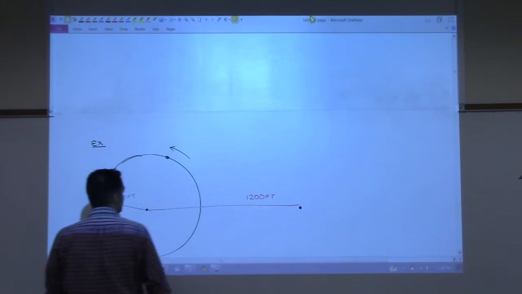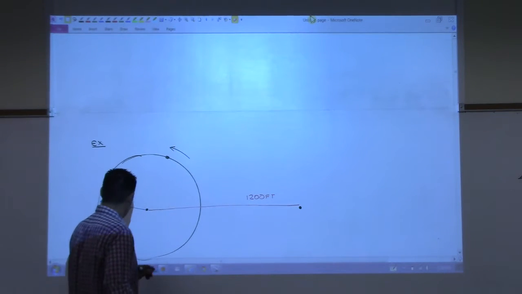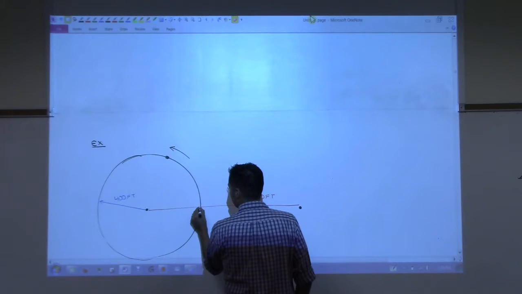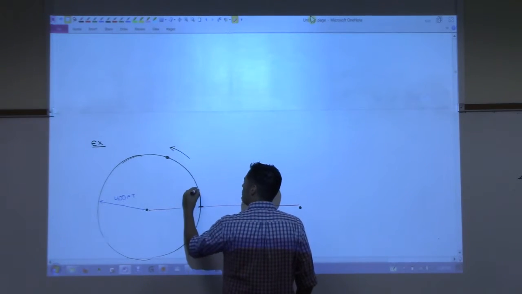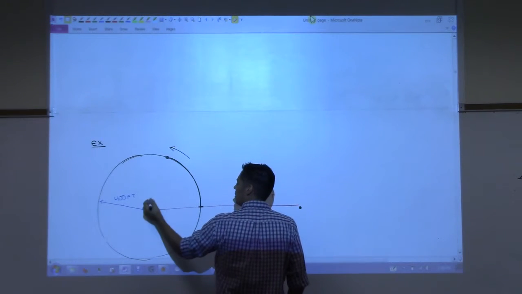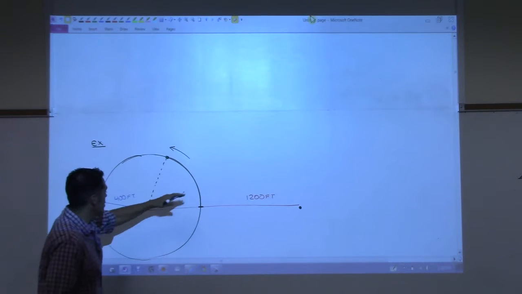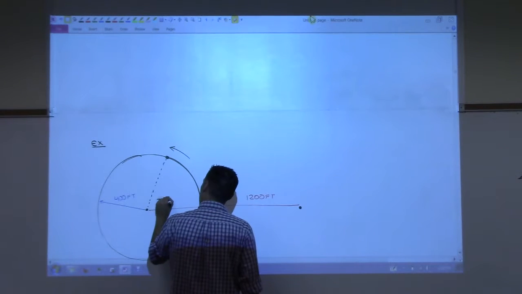Now, let's say that the starting point for this person is right here. If they have moved around this track from the starting position, that looks more like 72 degrees.